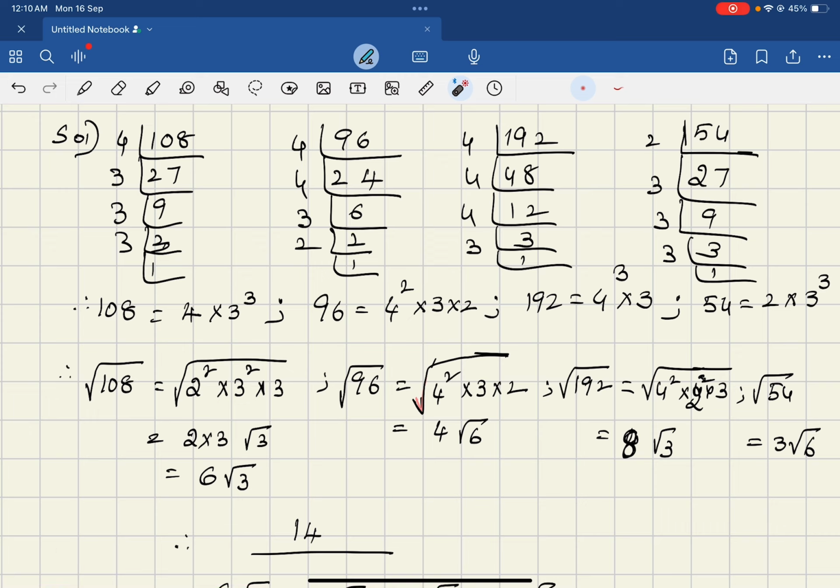It can be written as square root of, see, 4 means 2 square. Now here you have to do one trick: whenever there is a square root and the power is square, both of them get cancelled always. You should remember that. Similarly here, 3 cube means you can write it as 3 square into 3, because 3 cube means the power is an odd number.